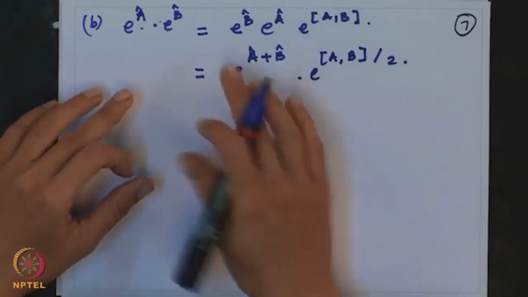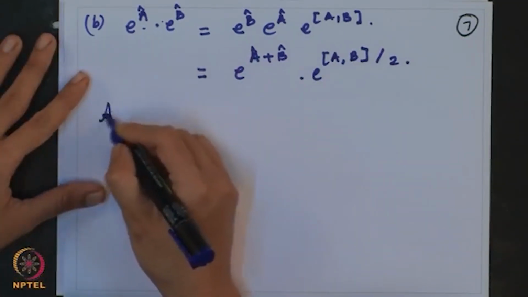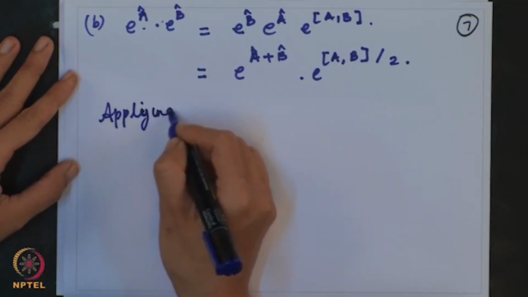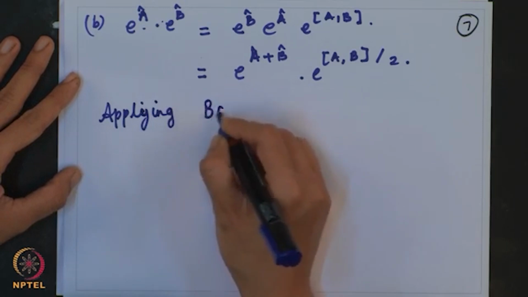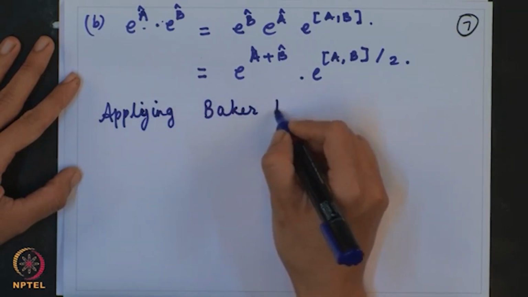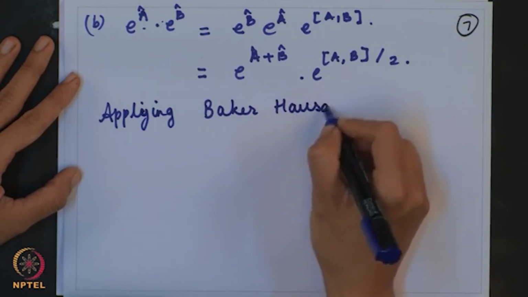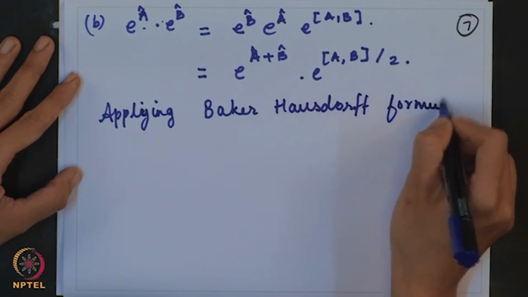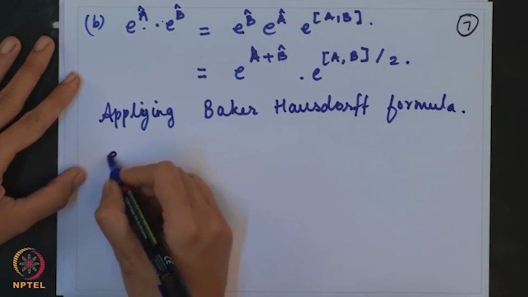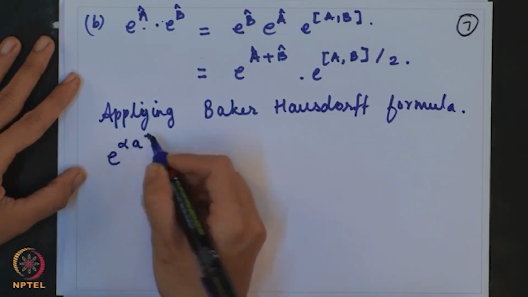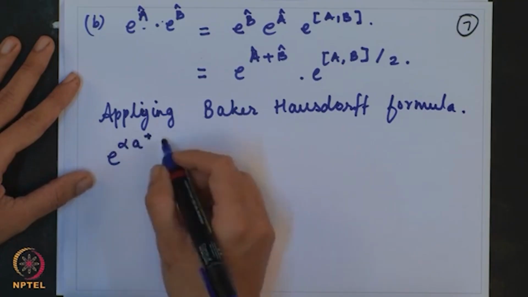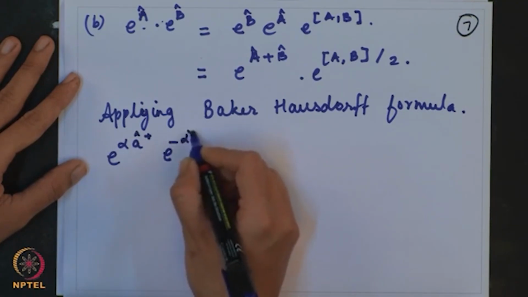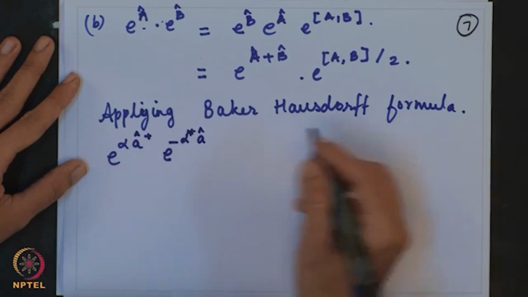So, using these relations and applying the Baker-Hausdorff formula, we have e raised to alpha A dagger and another term is e raised to alpha star A. Okay.